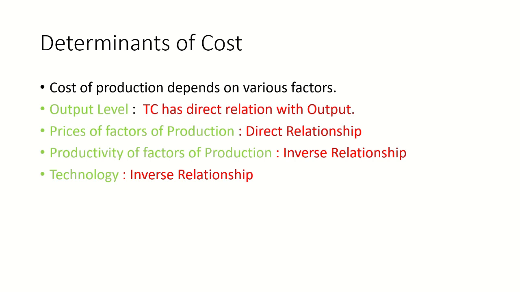Basically we need to understand the direct and inverse relationships in the determinants of cost. The output level and the price have a direct relationship with the cost of production, and the productivity of factors of production and technology have an inverse relationship with the cost of production. Okay.